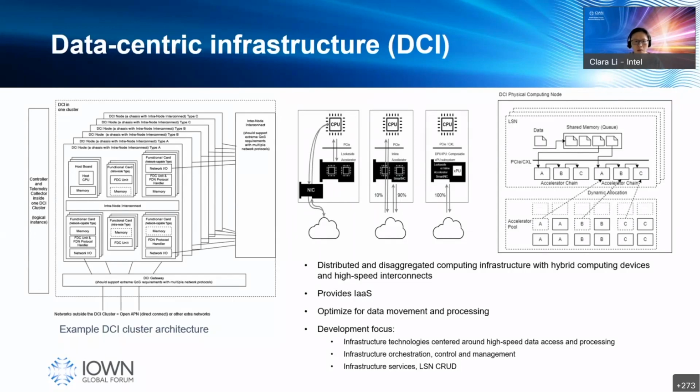Another feature of the DCI system is that it's designed to optimize data movement and processing, because we know that data movement is always costly, and quite often a system is IO bound, not computing bound. So we need to design the system with optimized data movement, to streamline the data processing, and to be able to feed the data for computing. This is also why we call it a data-centric infrastructure. The infrastructure is designed to optimize for data movement.